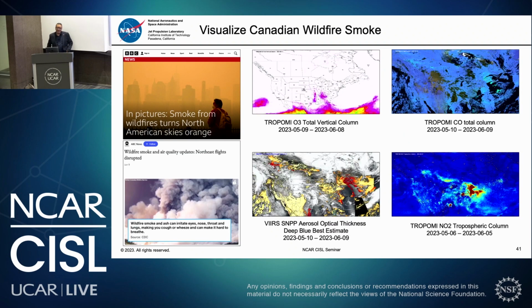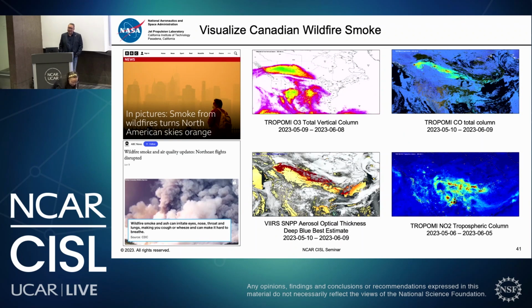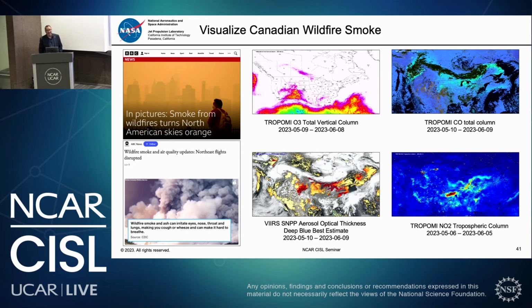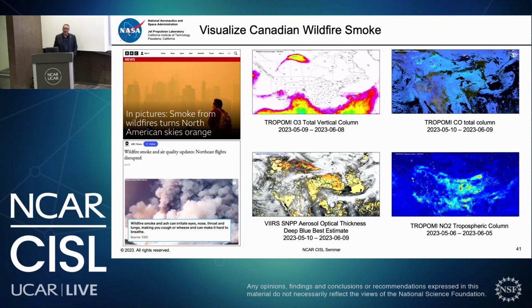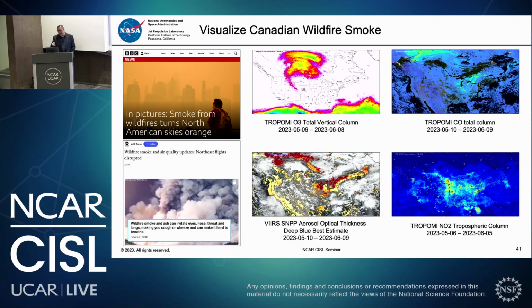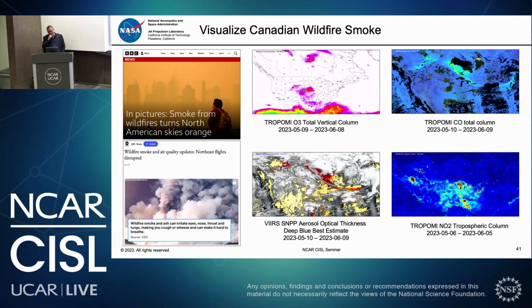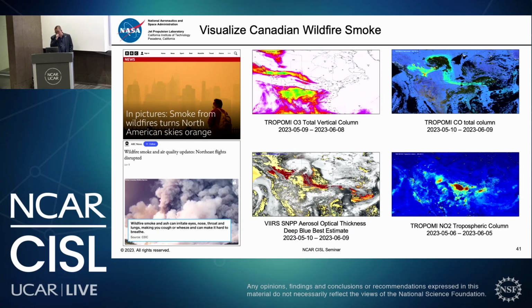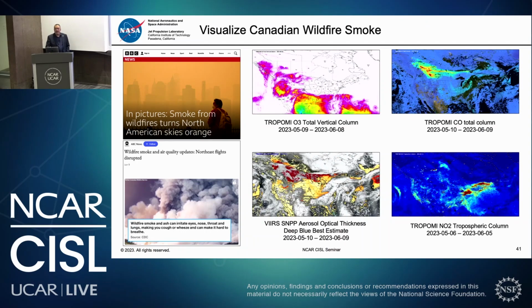Because we keep up to date with the latest data, we were able to track the Canadian wildfire. These are animations that you can generate directly from this digital twin, with different compositions and different species. You have carbon monoxide, you have NO2, and you have the observations that we gather over the years.